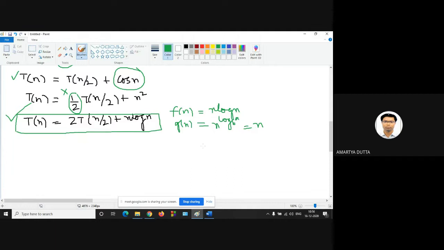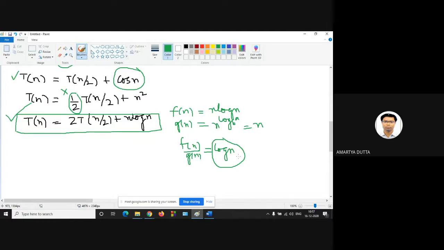So f(n) divided by g(n) gives log n, right? Is it clear? This is very important for your exam purpose also. You have to write f(n) divided by g(n), that is log n.